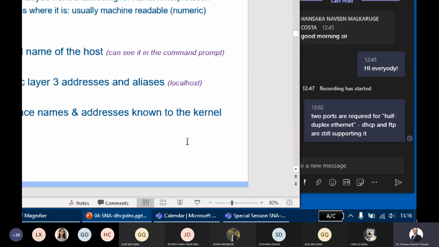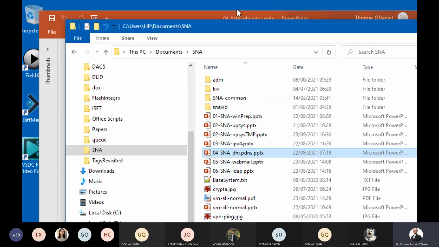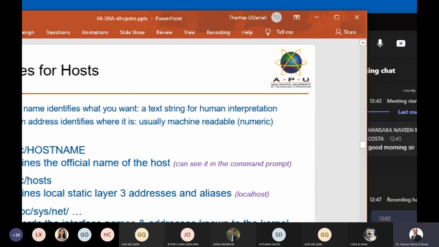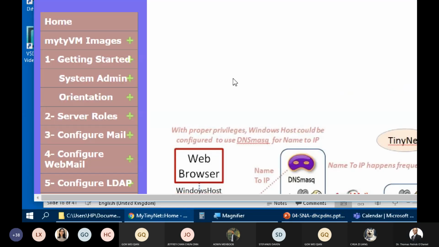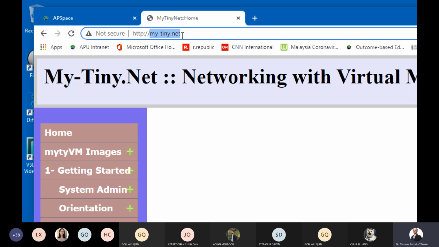Again, I think you know basically how DNS works, right? When I type my-tiny.net here in the address bar, somehow that domain name needs to get translated to an IP address for the packets to move properly across the network.